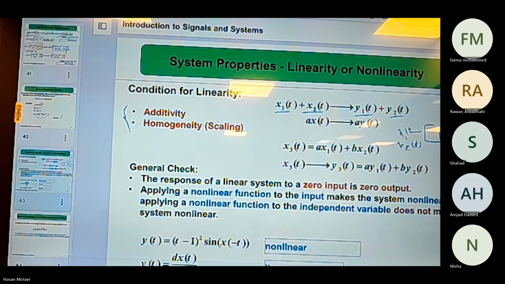What do we call this in circuits? I applied one input once, and another input another time. Exactly, that's superposition. At the end, I can say the answer is the summation of our outputs.